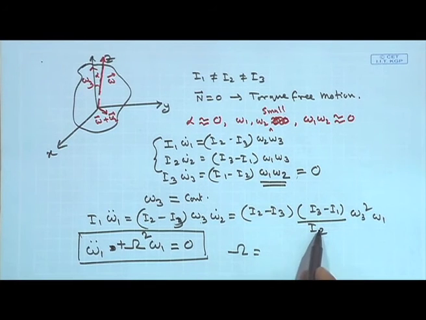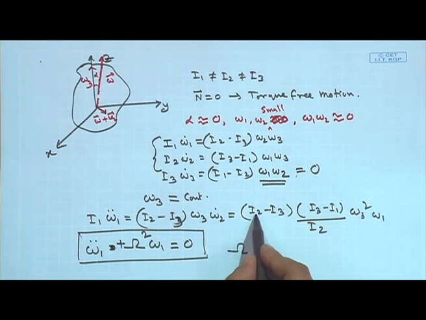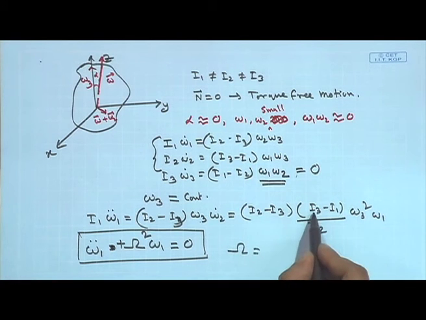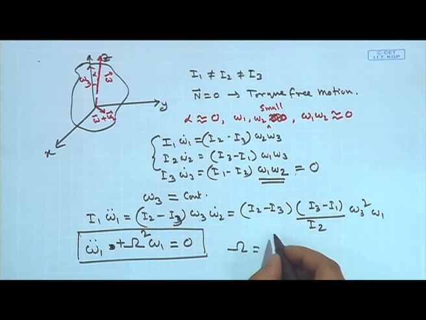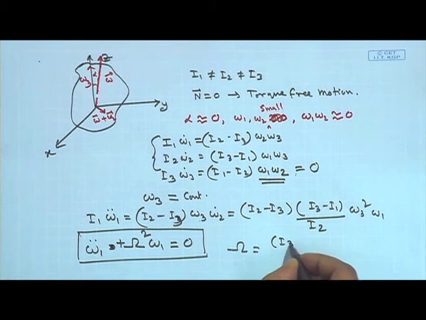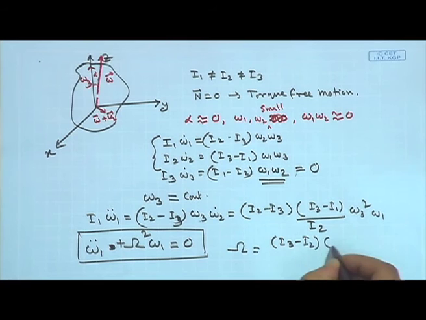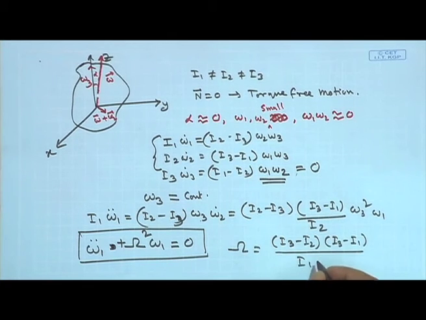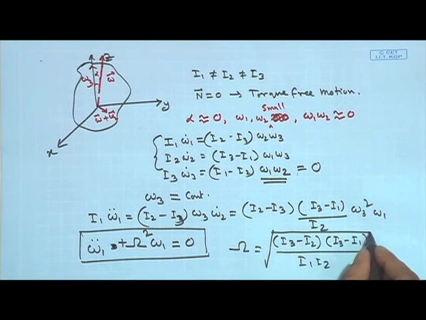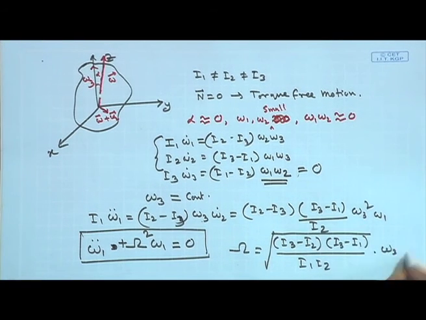So I1 goes here, so it will be, see, there is I2 minus I3 and I3 minus I1. Now what we can do is, because we are changing sides, we can write it as I3 minus I2 multiplied by I3 minus I1 divided by I1 I2 whole root, and there is an omega 3 square, so omega 3 will come outside this root.